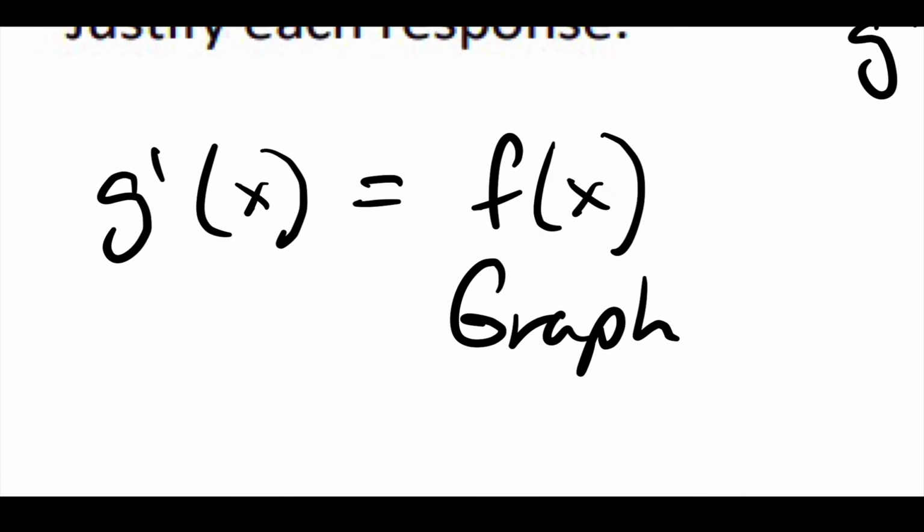The derivative of the graph. So in other words, if it's going to be the derivative of this f of x, what is that? What am I looking at then? I'm not looking at values. What am I looking at? Slopes. So now I'm looking at slopes on the graph.